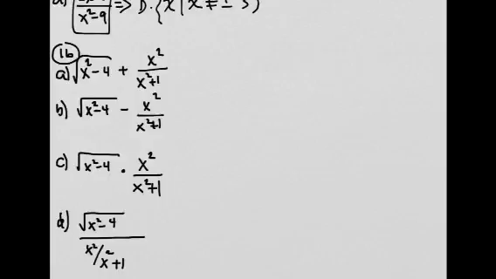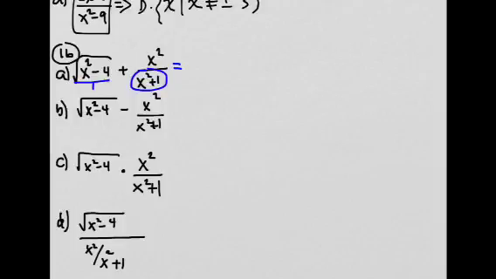Okay, so now for 16 we have a square root function and a rational function. So the only thing we can do here is get a common denominator. Because this is over 1, right? So the common denominator is this one. So I'll multiply the square root by x squared plus 1 over x squared plus 1.